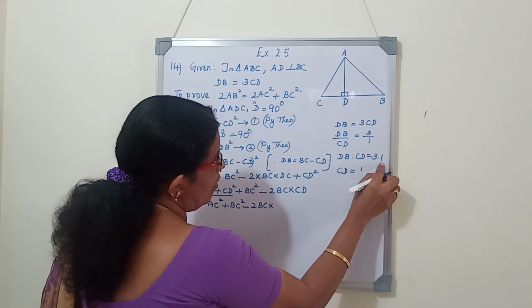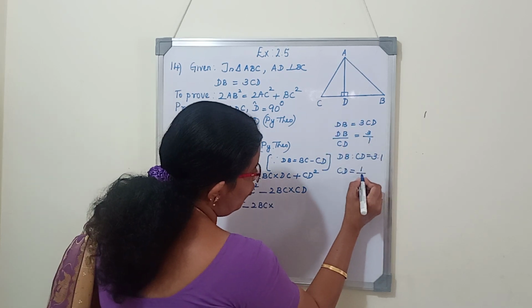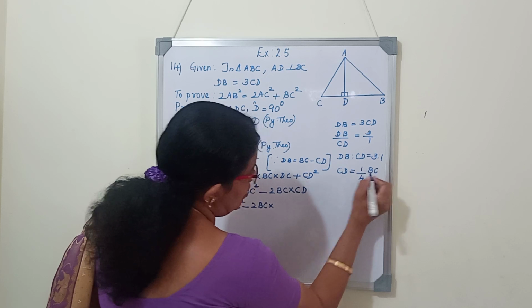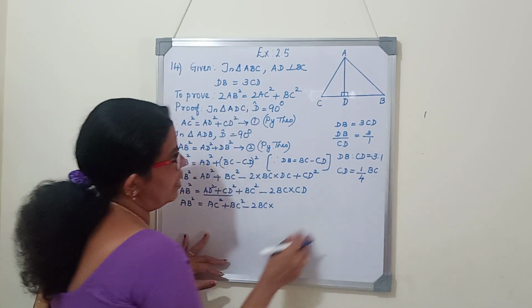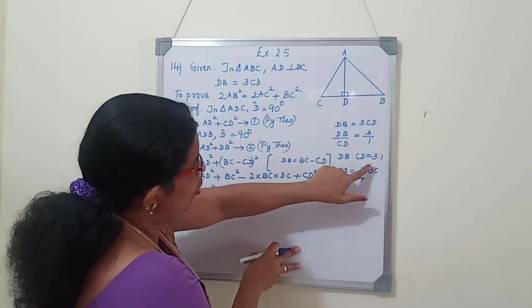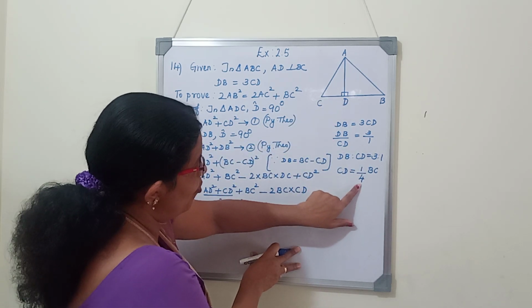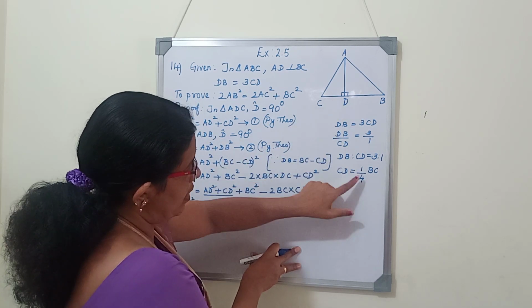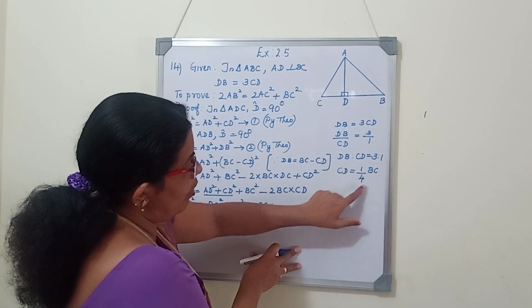Totally how many parts? 3 plus 1, 4 parts. Out of 4 parts, CD is 1 of BC. So CD can be written as 1 by 4 BC. That is, DB is 3 parts and CD is 1 part. Totally 4 parts, which is nothing but BC. Out of 4 parts, 1 part is CD. So 1 by 4 BC.